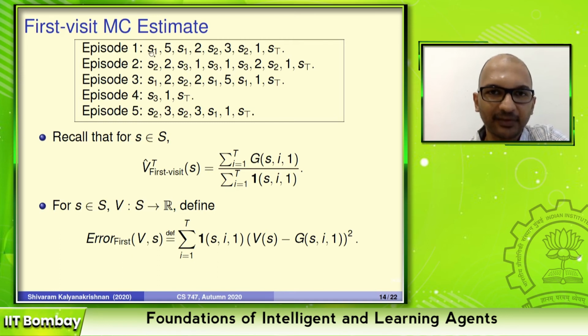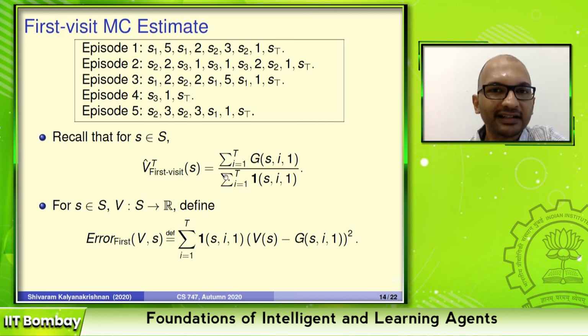S1 occurs first time over here, and then here, and then here, unless I made a mistake. So that's 3 occurrences of S1. In each of those there is a long-term reward, and there's also the estimator V. Let's look at the difference between these two things, square it, add it up, and call that the error, error first of V for state S.